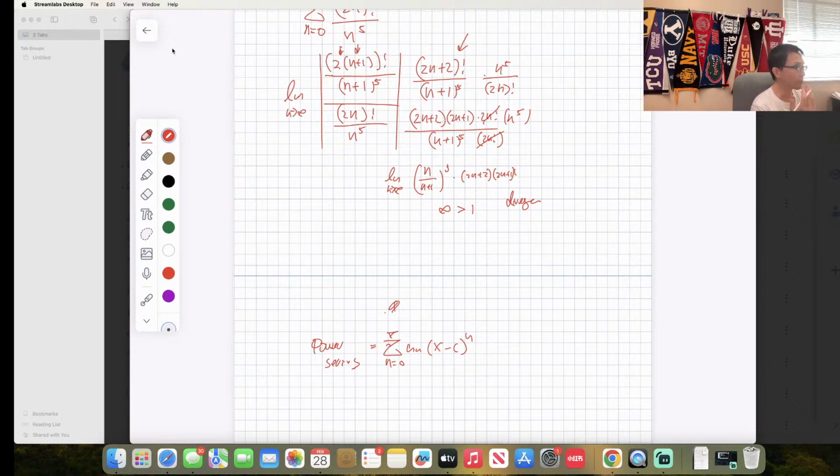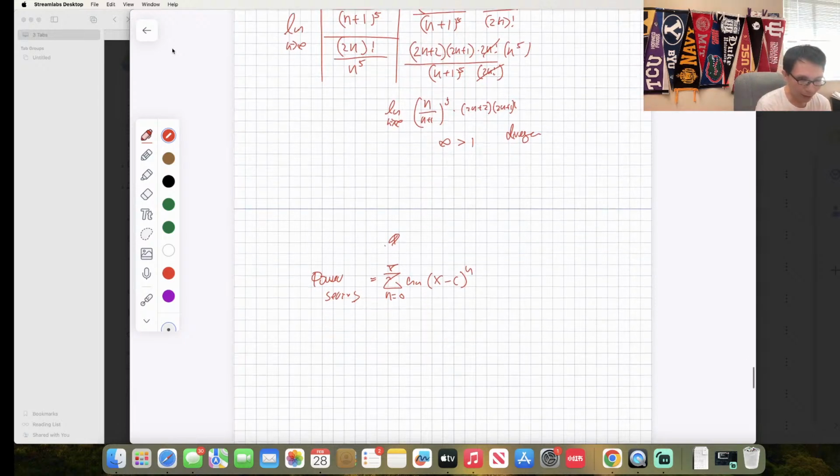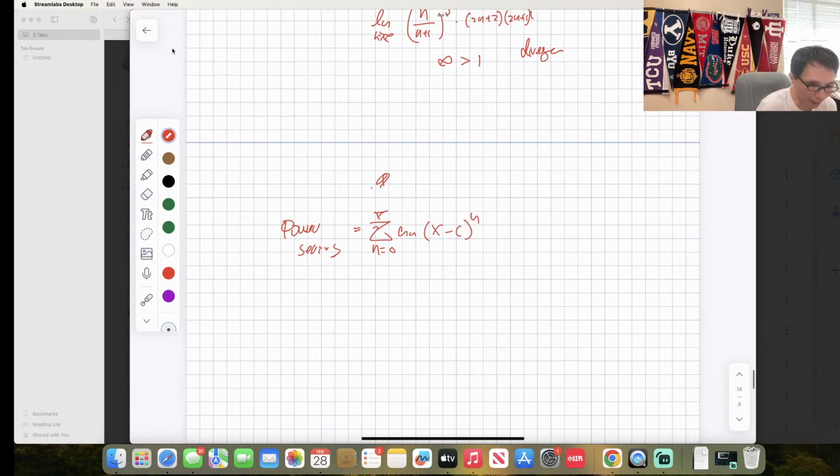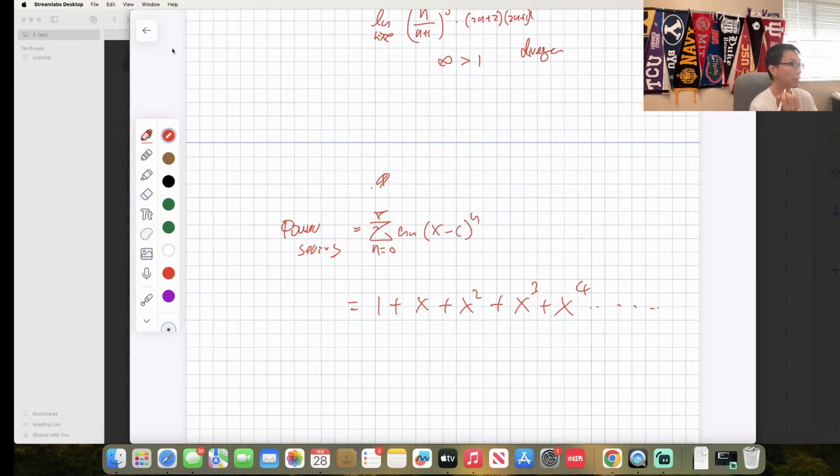So we're going to come up with one of the easiest power series. It looks like this, and we say this is represented by what function? 1 over 1 minus x.